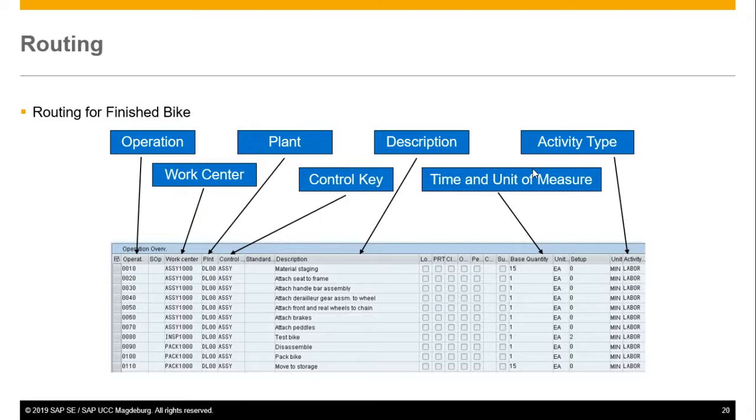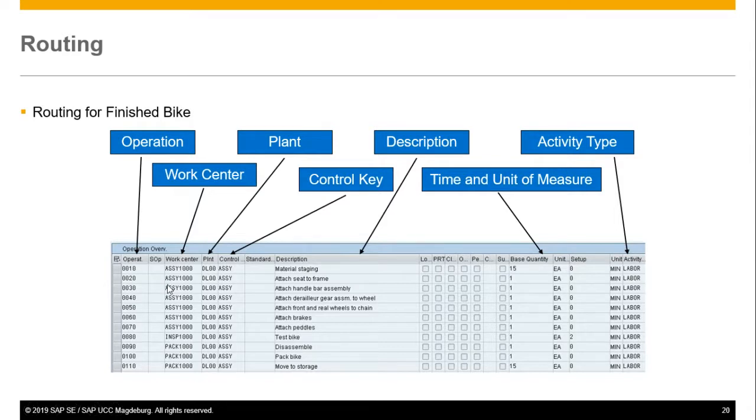The second process, or second operation, 0020, which is just a number, is attach seat to the frame, right? That is the second operation. In order to attach the seat to the frame, where will this work be done? There is a work center. They are the ones who will carry out the work.